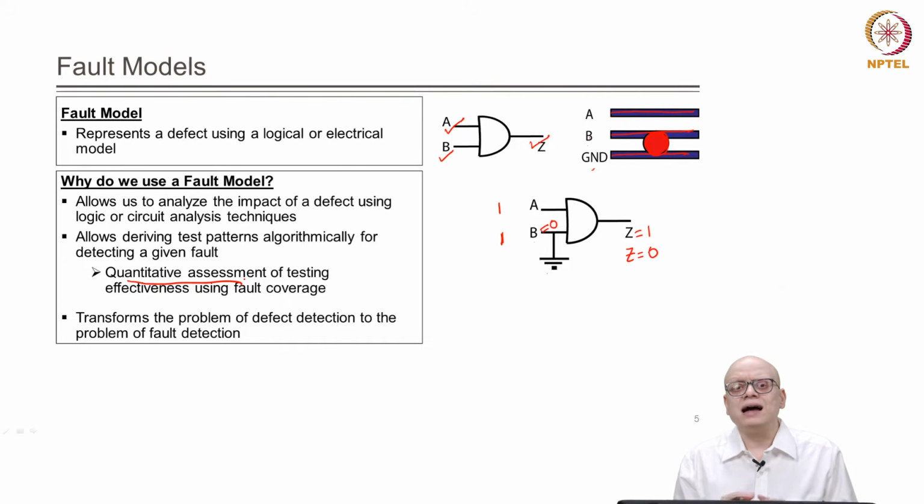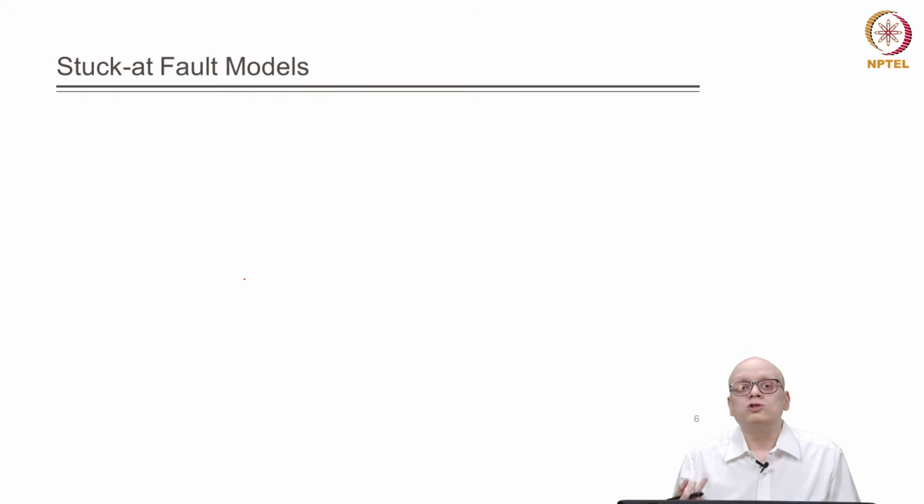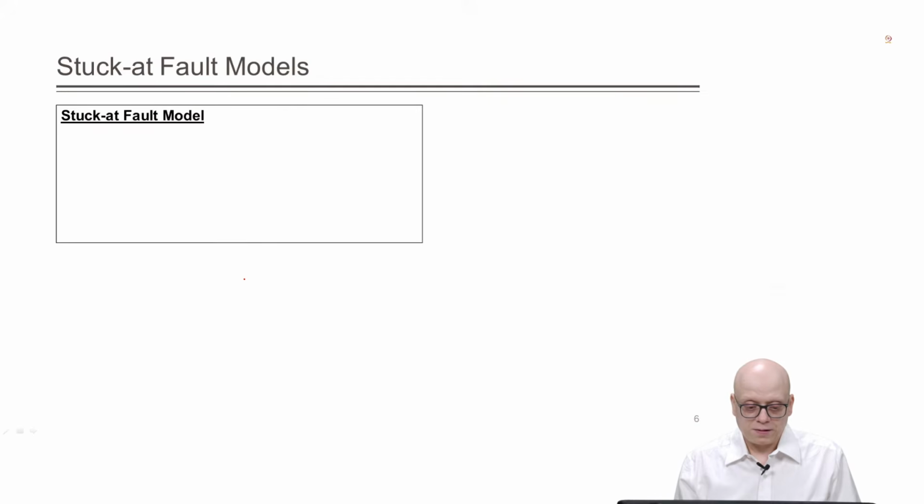Now, there are various kinds of fault models that we use for integrated circuits. Now, let us look into one of the most popular fault models, and that is known as the stuck at fault model. Now, what is a stuck at fault model?